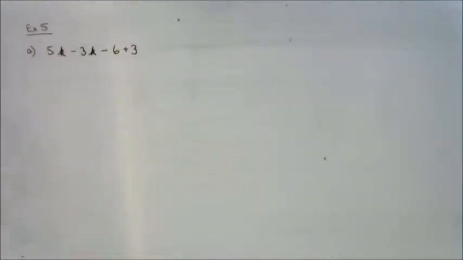Now you're probably thinking, oh, there's no x here, there's k. What do I do with the k? It's the same thing as x. Use it the same as an x. It's just another variable raised to the power of 1. So now your x tile is actually a k tile.